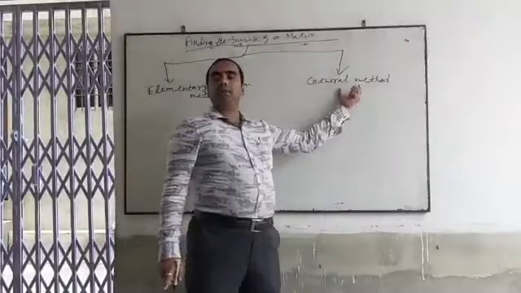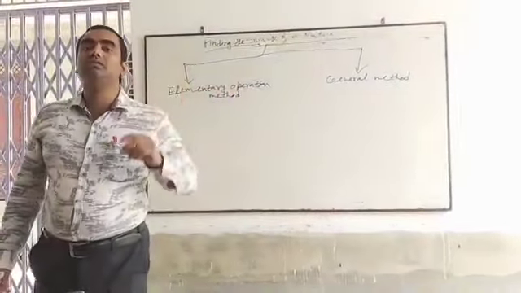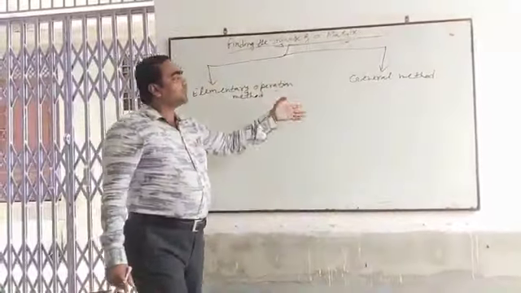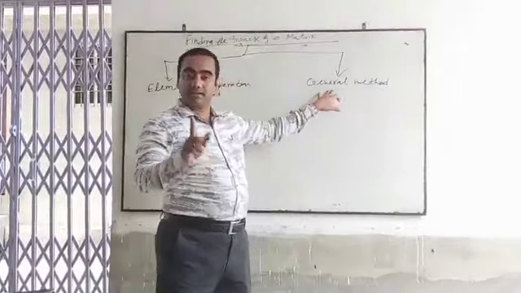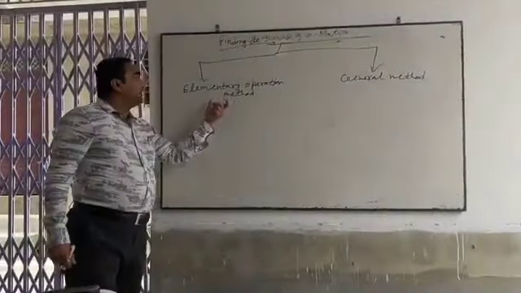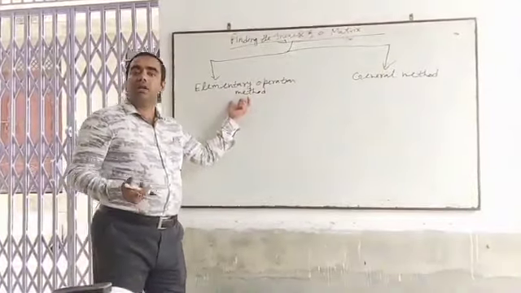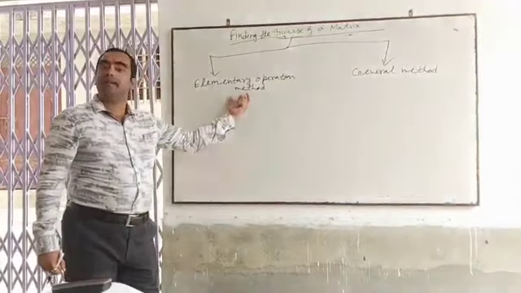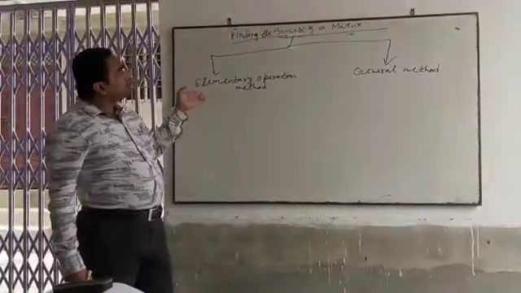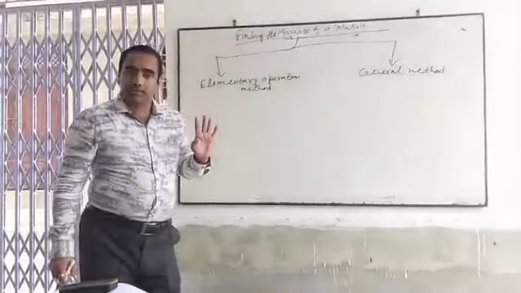In the general method, we use the determinant, adjoint, and cofactor, and then finally we find the inverse of the matrix. In the elementary operation method, we use certain elementary operations defined on the matrix to find the inverse of any square matrix.